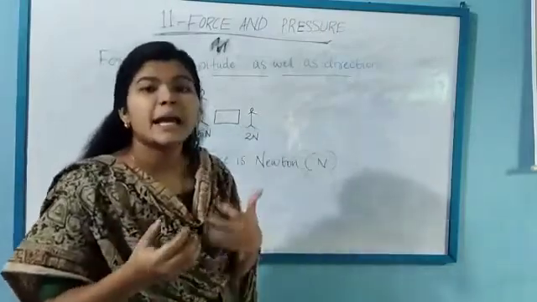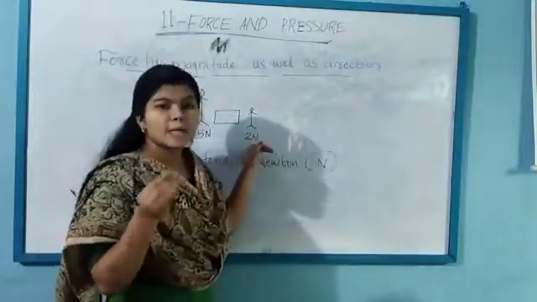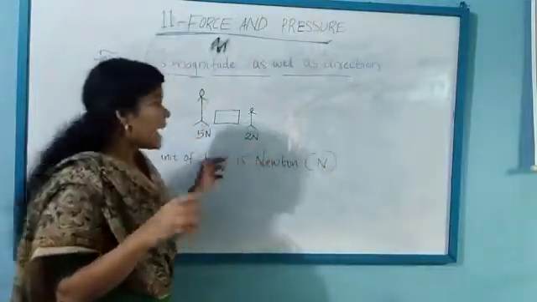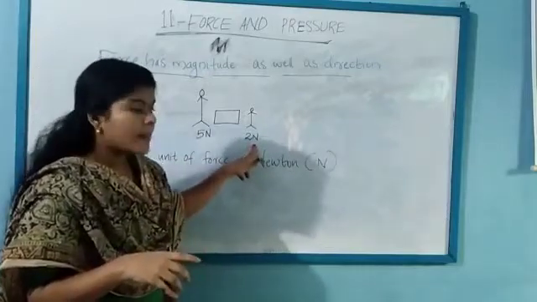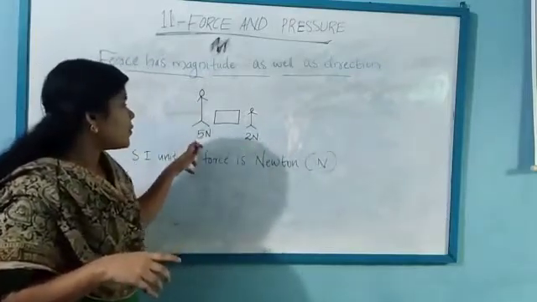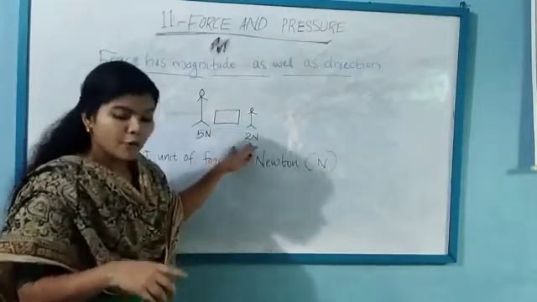The adult can apply a large amount of force and the child can apply only a small amount of force. Imagine it is 5 Newton and 2 Newton. The adult applies 5 Newton force and the child applies 2 Newton force.